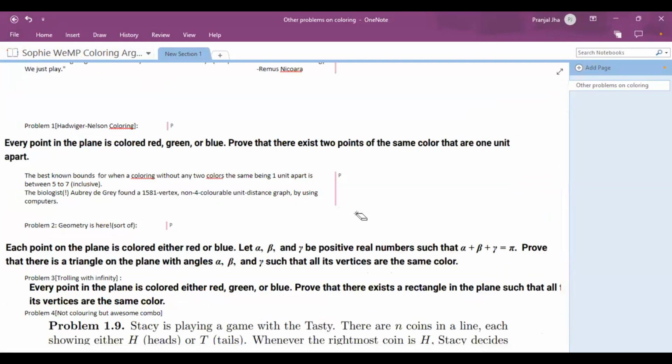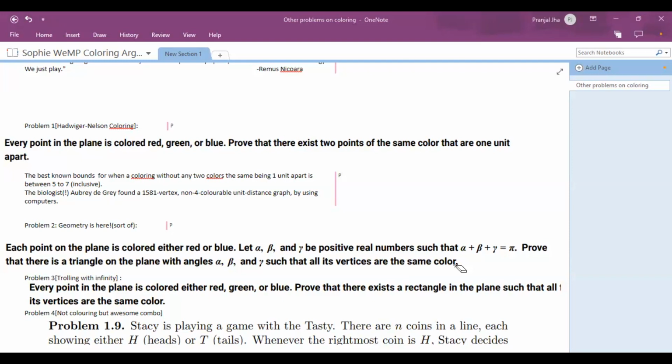So, second problem. Can everyone see the problem? Yeah.